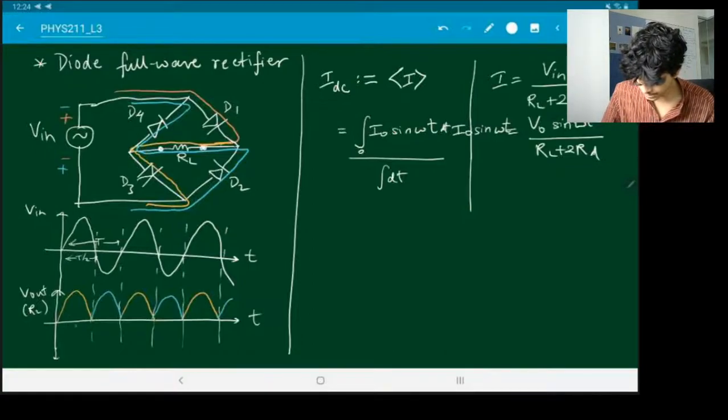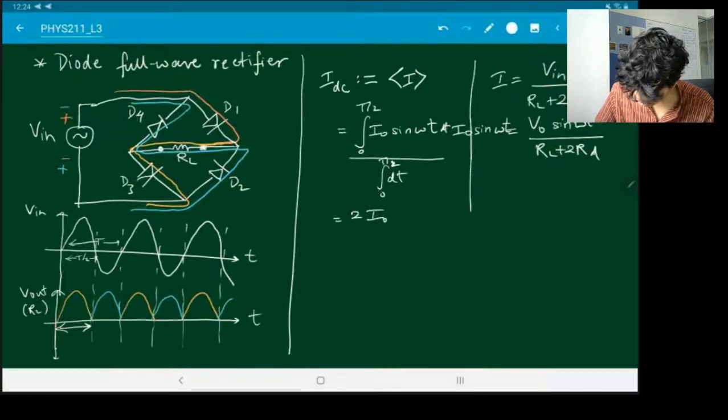And over here in the output, because we always have positive cycles, it's sufficient to take the average only over this T by 2. And if you work this out, you will see that you get an answer I0 times 2 over pi.